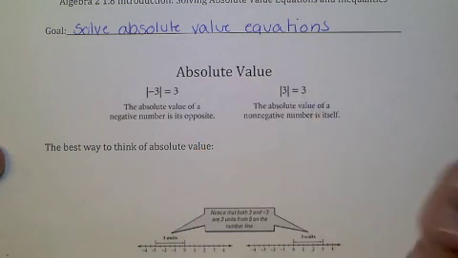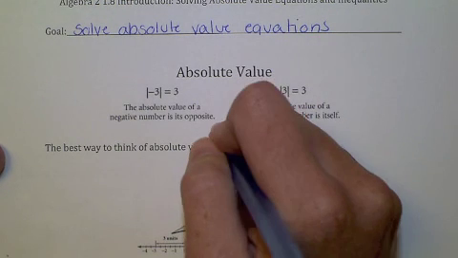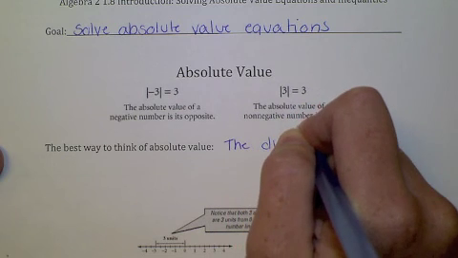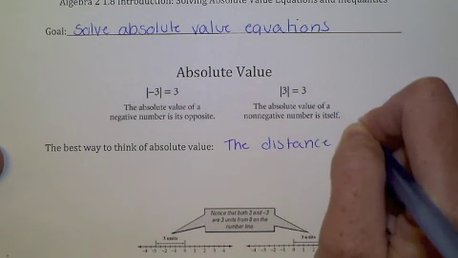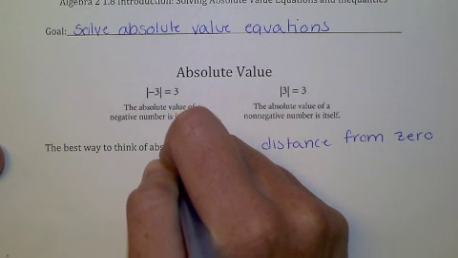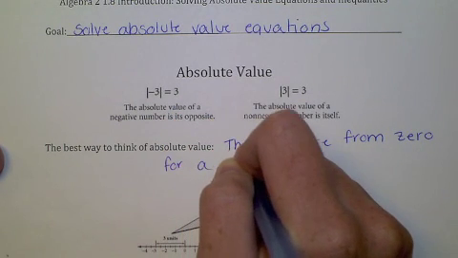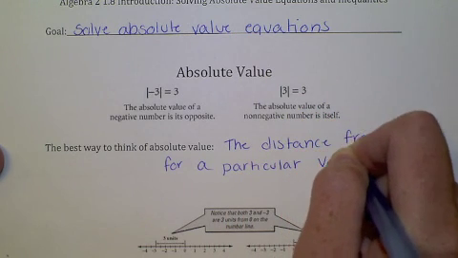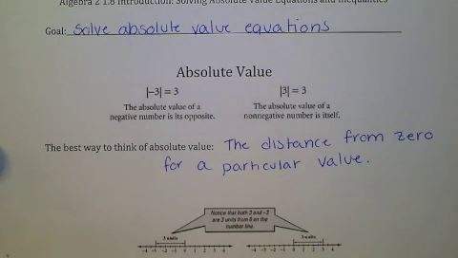Okay, so absolute value technically means the distance from 0 for a particular value. And this picture below actually probably highlights that the best.